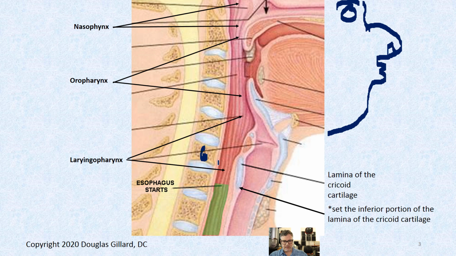This is off a little bit, it should start about right here. Remember, it's located posteriorly to the trachea and also posteriorly to the lamina of the cricoid cartilage, which is right here. And so there it is.